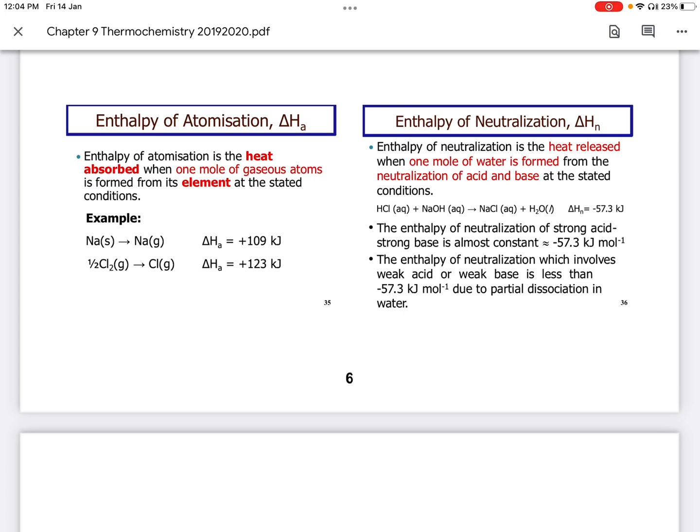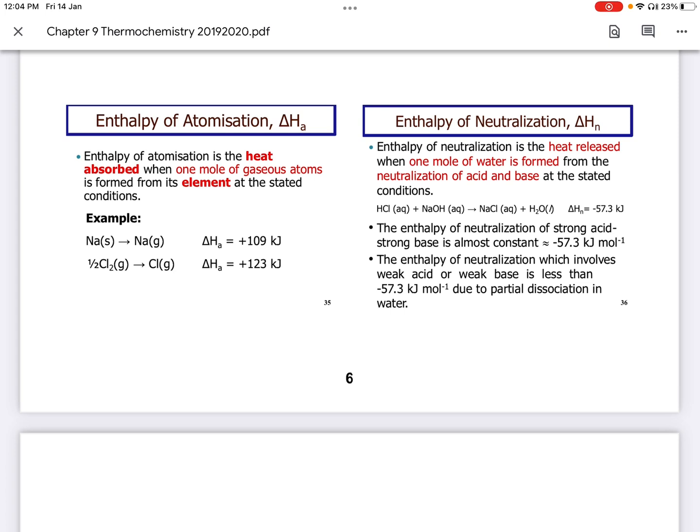Contoh sulfuric acid atau phosphoric acid. Itu semua persamaan dia akan jadi sedikit berbeza. Sebab kalau kita nak kira enthalpy of neutralization, kita punya water mesti berada dalam 1 mole sahaja. Kita tak boleh multiply dengan 2 mole, tak boleh multiply dengan 3 mole, semua tak boleh.